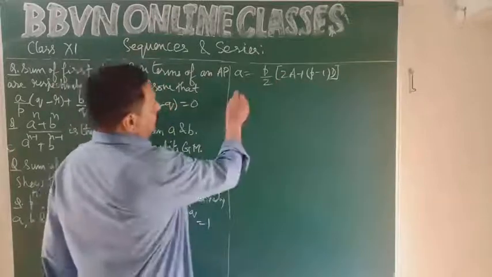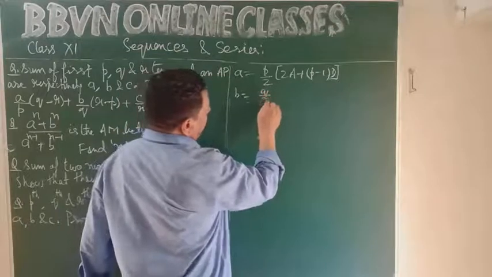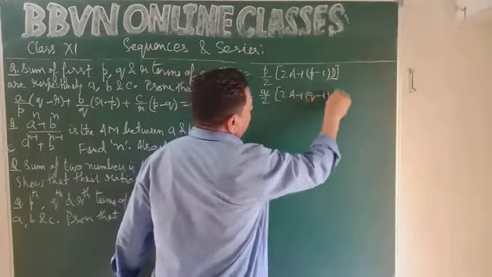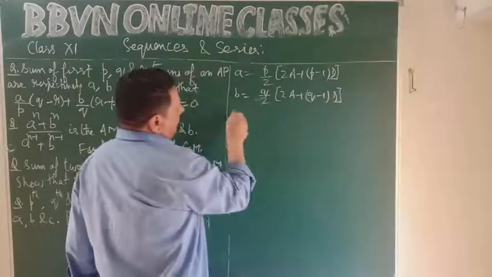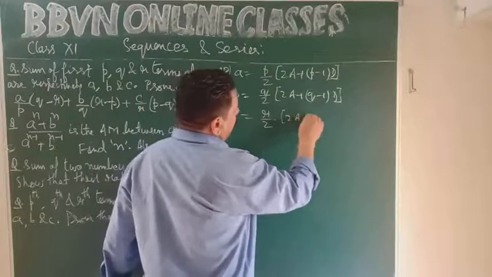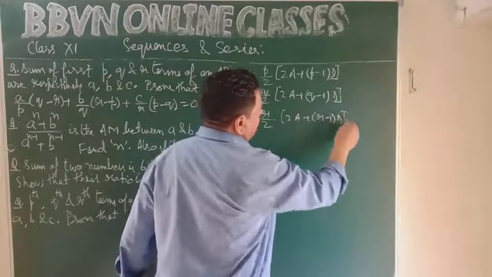In the same way, B is sum of Q terms: Q upon 2, 2a plus Q minus 1 into D. And C will be sum of R terms: R upon 2, 2a plus R minus 1 into D.